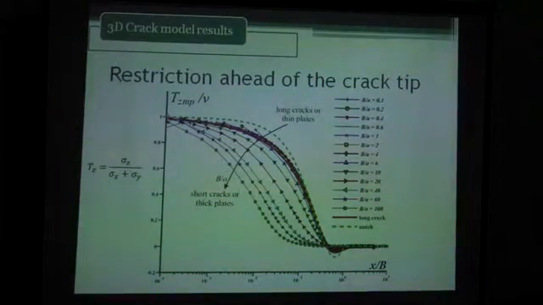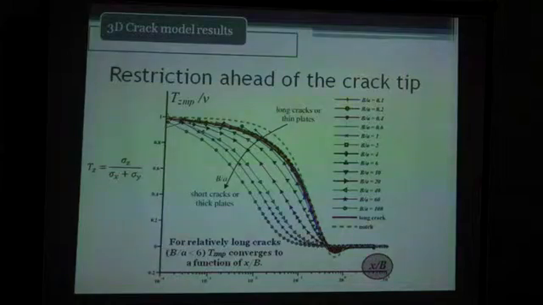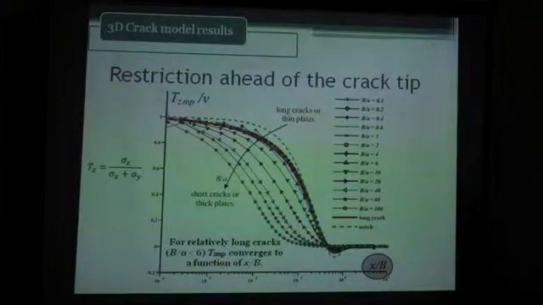restriction depends on crack length and plate thickness: for short cracks or thick plates it is lower, and for long cracks or thin plates it is higher. For relatively long cracks, they converge to a function only of the distance from the crack tip. So the parameter that controls this restriction is the thickness of the plate for long cracks or thin plates.